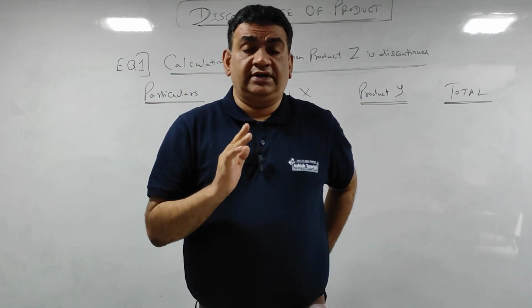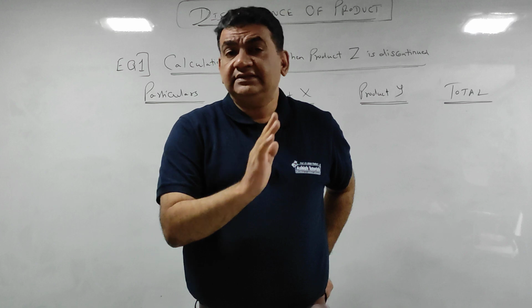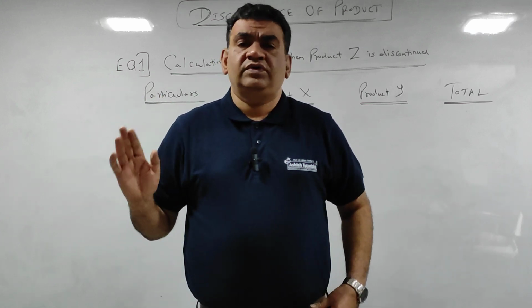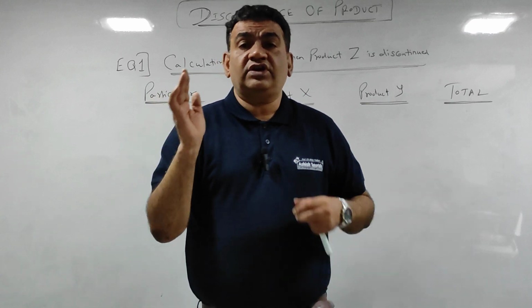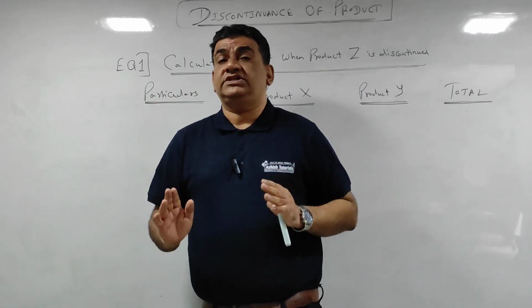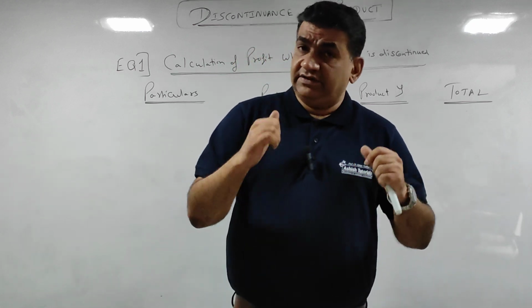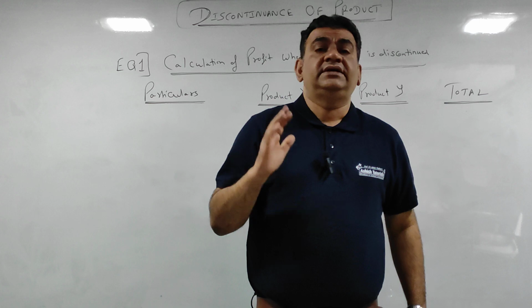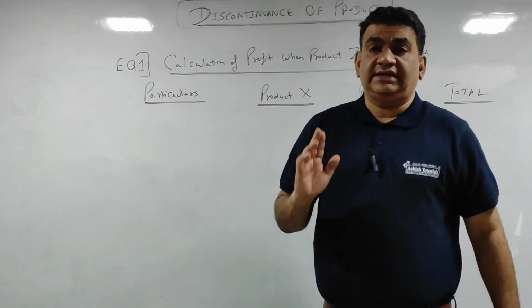That is more important. If you get that, then the remaining part of the chapter will be very straightforward for you. Again, I am repeating the same thing I mentioned in the earlier class. For this, the concept of marginal costing is important. Without marginal costing, you won't be able to get the concept of decision making.